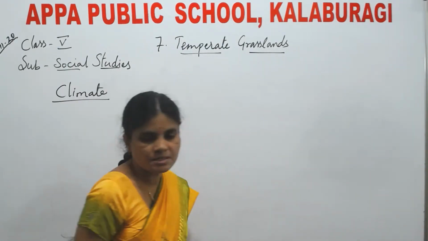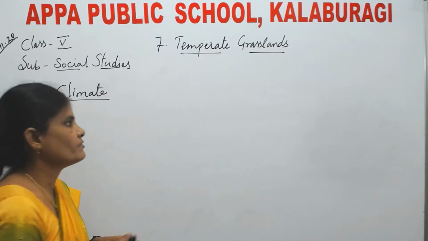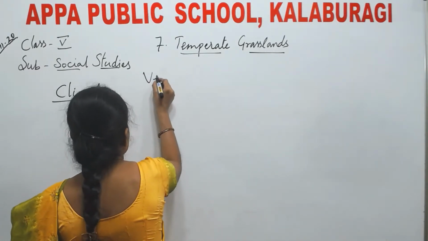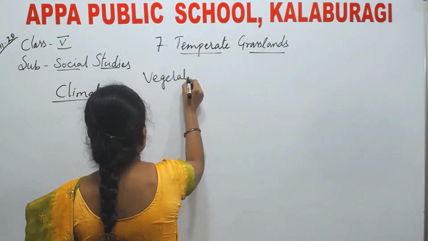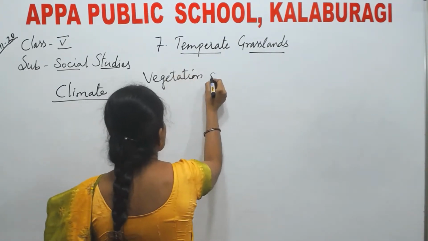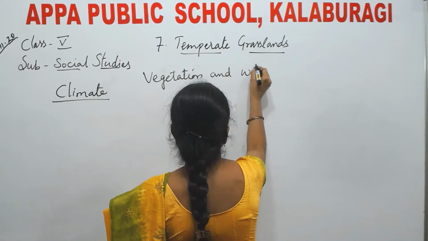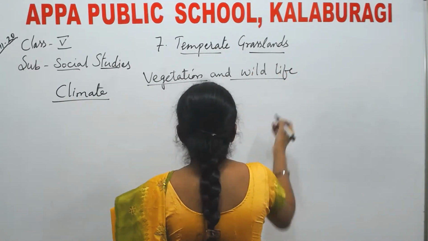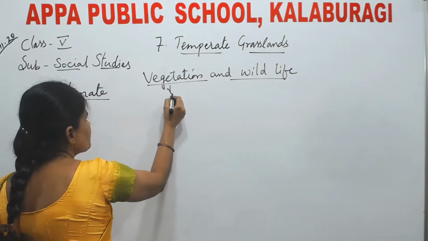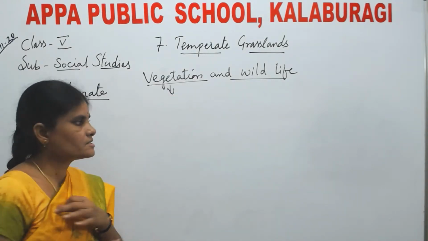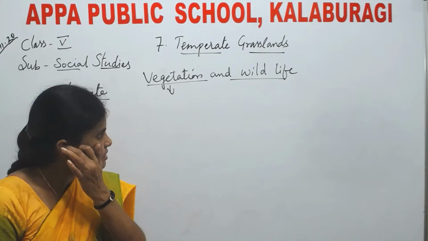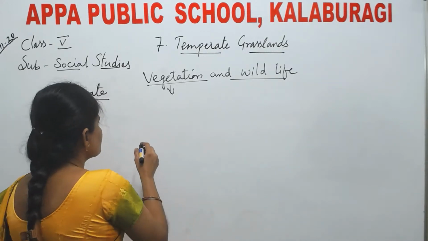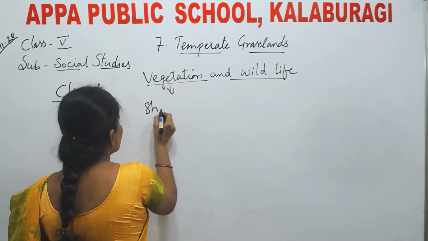Vegetation is nothing but plants and trees. Now let us see vegetation first. Vegetation means trees and plants. Here, tall grasses and short grasses are the vegetation.